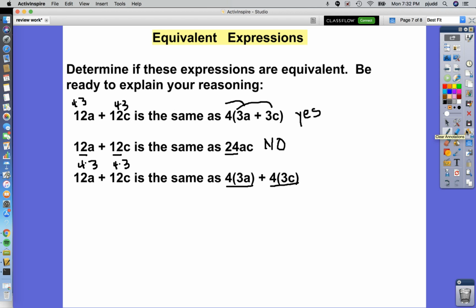Make sure everyone has written all 3 of these statements out. And we'll be back shortly. Okay, so you should have had time to record all of this down. And again, the reasons why these are equivalent expressions.